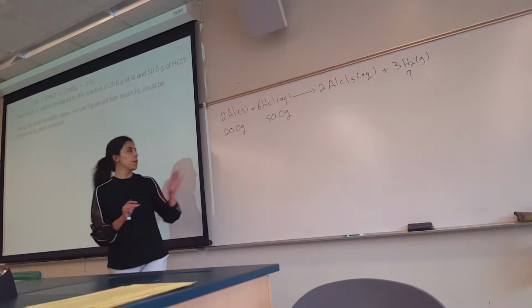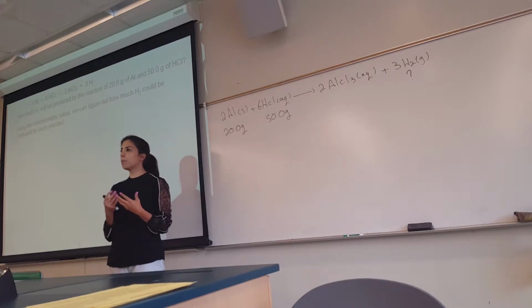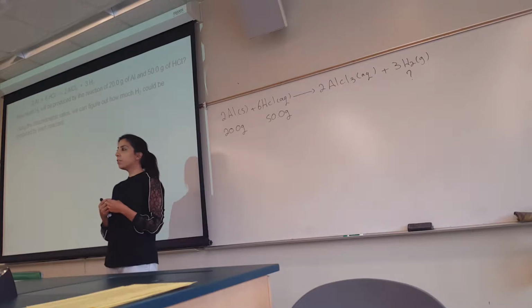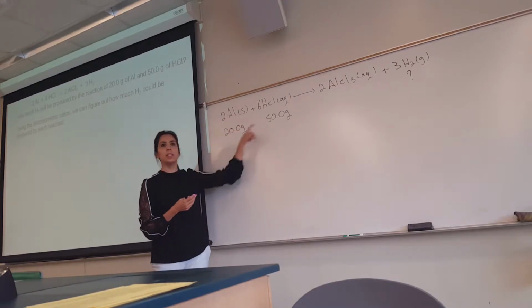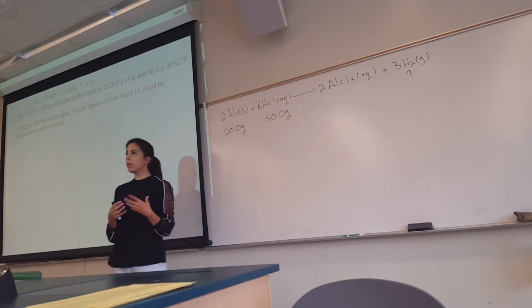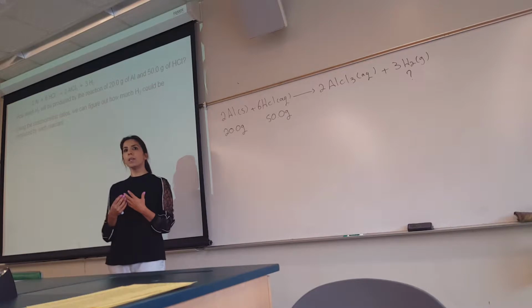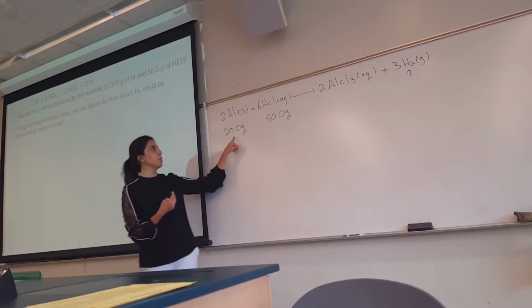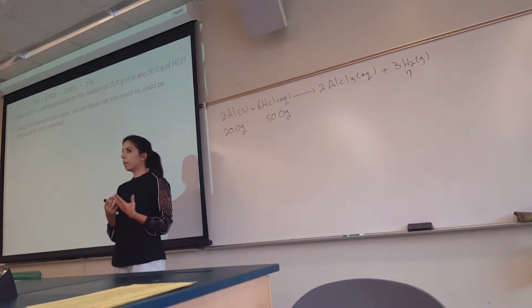Now, obviously, by just looking at mass, I can't tell if they have the proper ratio or not. I'm going to convert this to moles, and then based on the balanced reaction, I want to see if these two have the correct stoichiometric ratio or not. So the reason I'm doing this is because the initial quantities of both reactants are given to me.